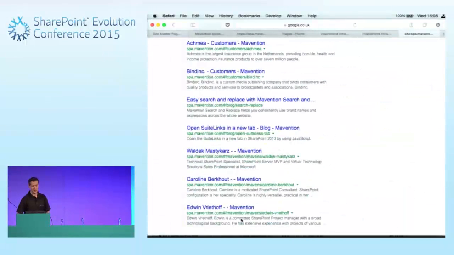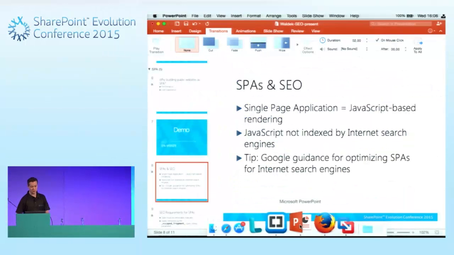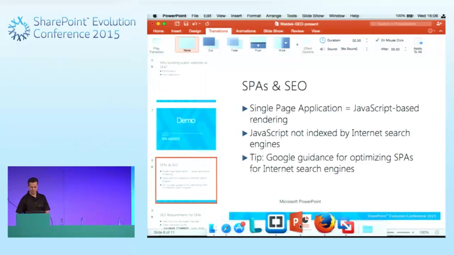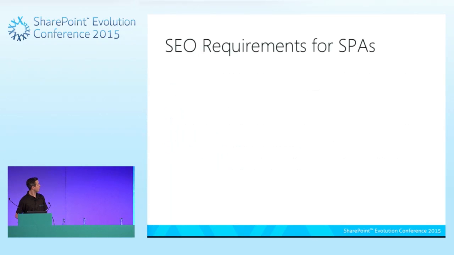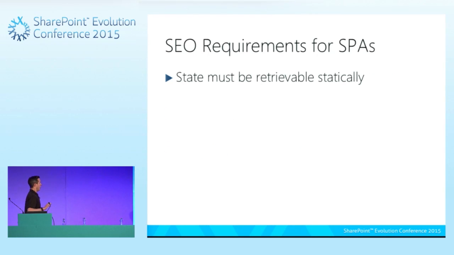So now the hard part. How do you get this to work? Even though there is your SPA, all of that is retrieved by Ajax, right? And internet search cannot index that. So they have to have a way to index the content of your site in a different way, using a regular URL.